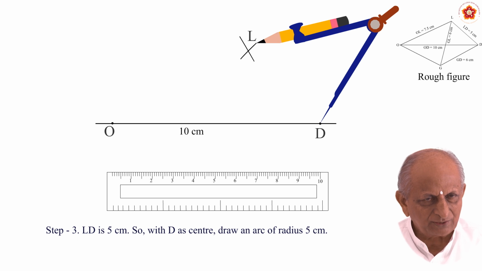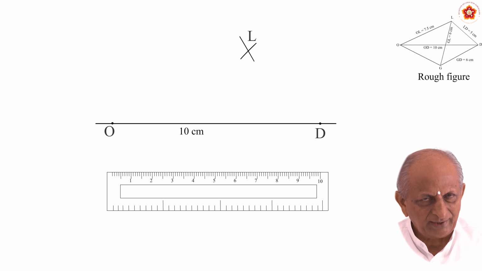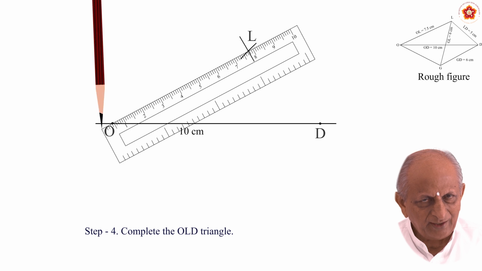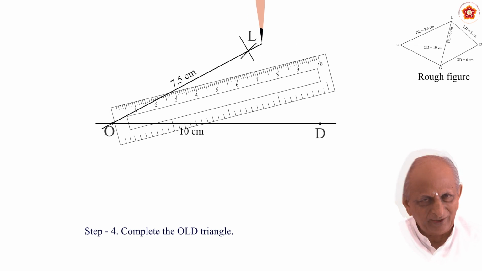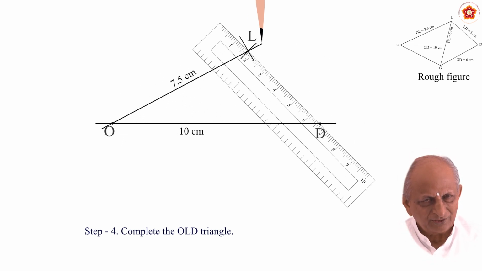These two arcs cut at a point called L. Now you can join OL and LD. Now what happened to our G? G is missing, correct? So we have to find G, correct? So triangle OLD is got.